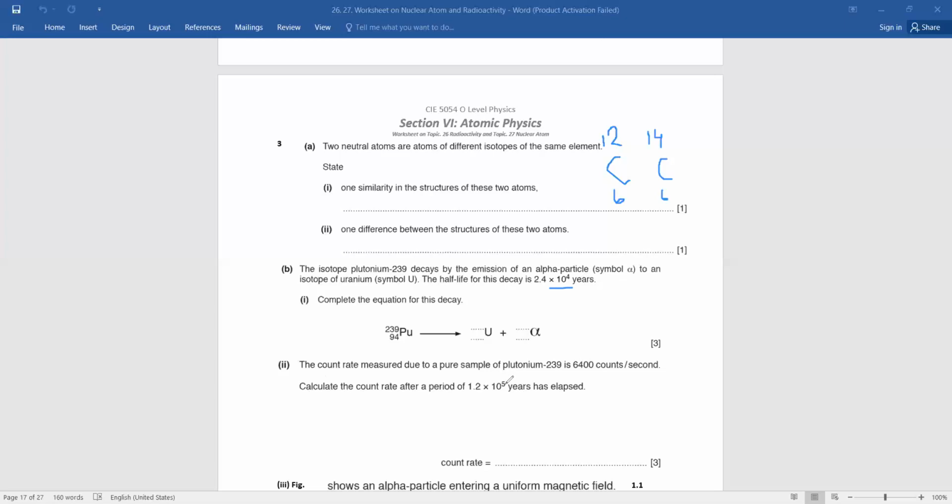So from this information, you can do it, right? Calculate the count rate after a period of 1.2 into 10 to the power 5 years. So 10 to the power 4, it is the half-life, right? 2.4 into 10 to the power 4.